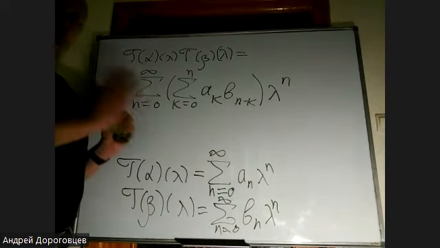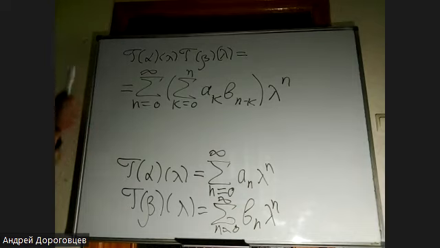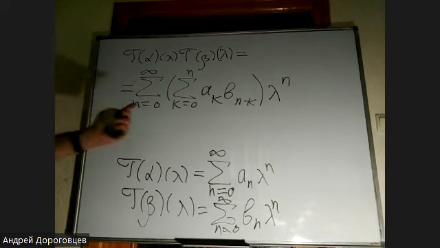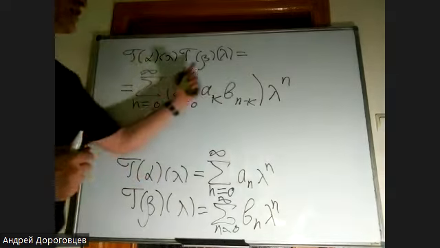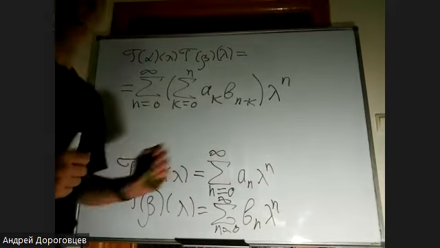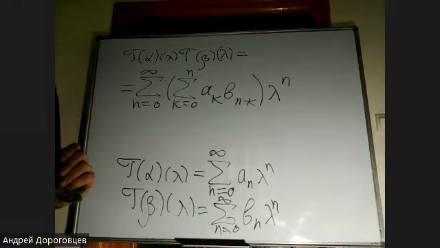Now we get a new series, and one can ask, maybe this series is the Fourier–Wiener transform of some other random values. It is not true in general, exactly because we don't know how the sum of n factorial multiplied by the square behaves.